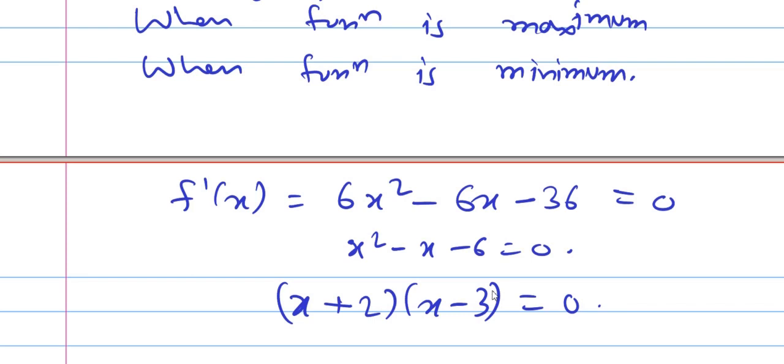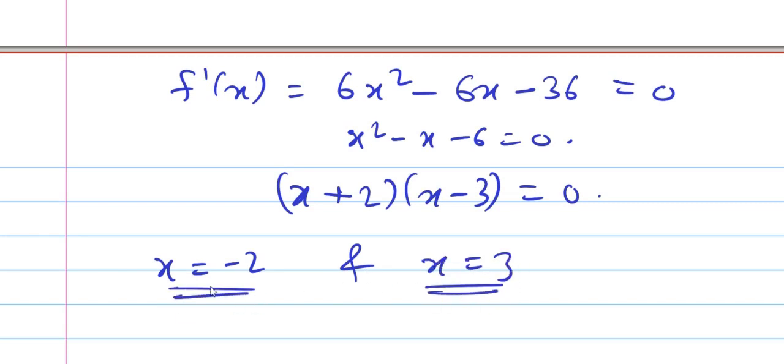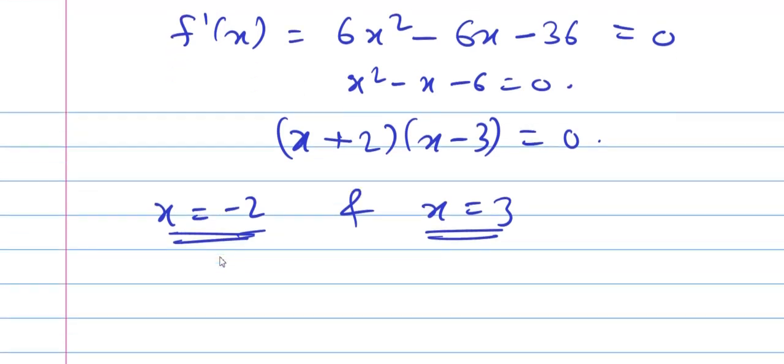So the stationary points are x equal to minus 2 and x equal to 3. Now at these points the function will attain a maximum or minimum. To check whether at x equal to minus 2 the function is maximum or minimum, what do we have to do? Take the second derivative.